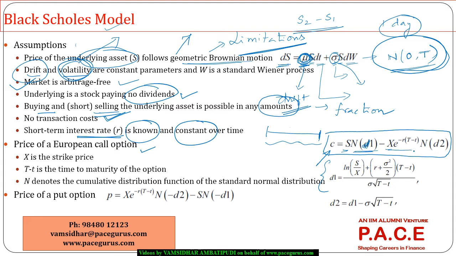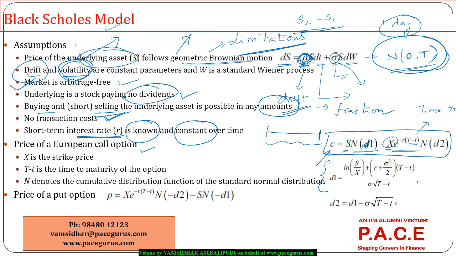Similarly, minus X e to the power of minus r(T minus t), where T minus t is the time to maturity of the option. So X e to the power of minus r(T minus t) is nothing but the present value of the strike price.